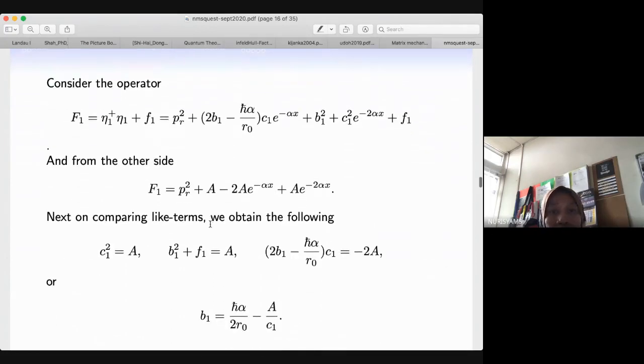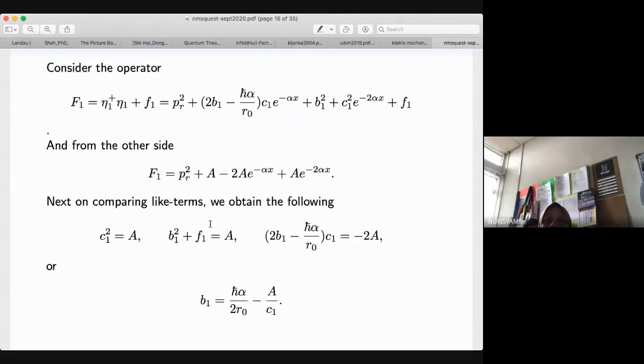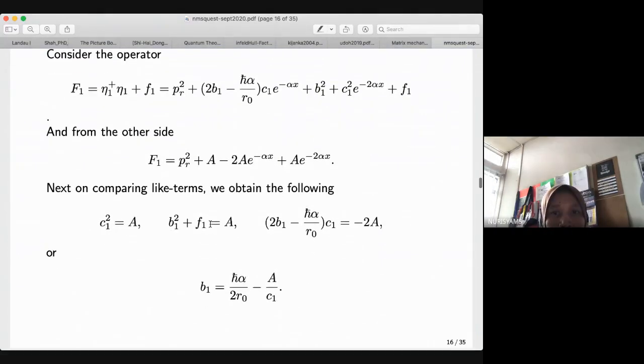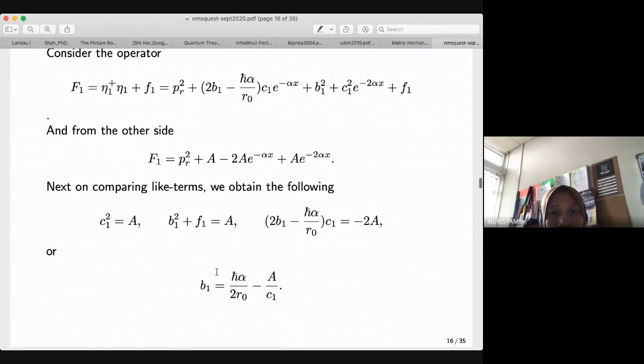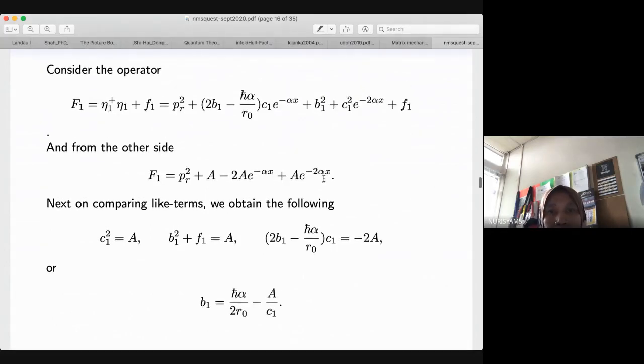Next, we compare like terms, so that we can find at least what B_1 and C_1 are and their relations. We have three sets of equations here. Comparing like terms, whenever you look at the last terms, the ones multiplied by a factor of exponential minus 2 alpha x, it is equivalent to that.